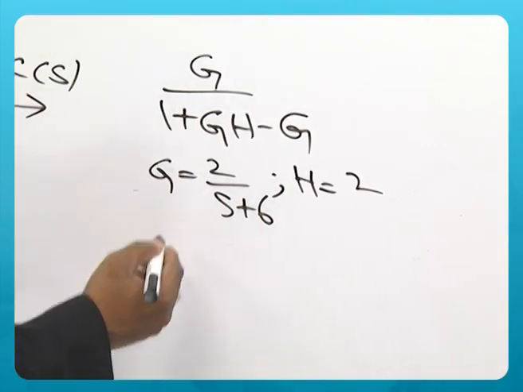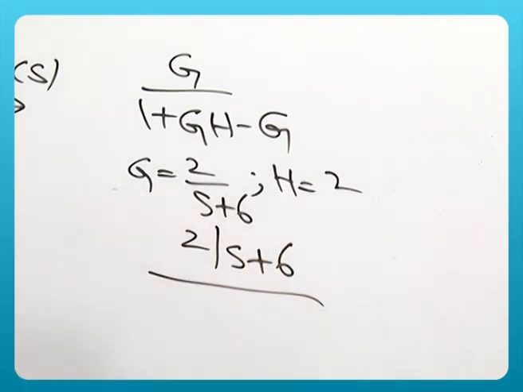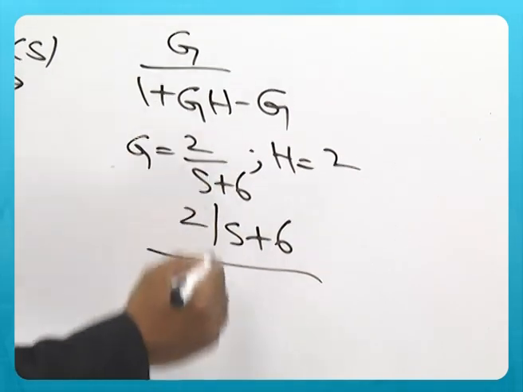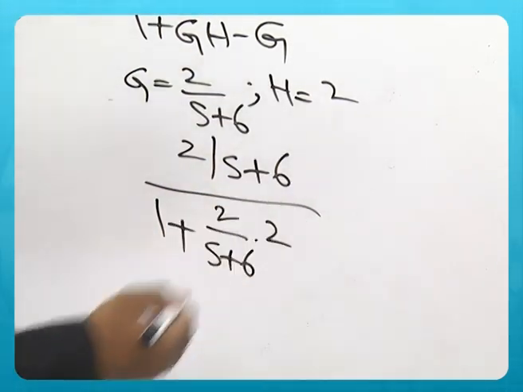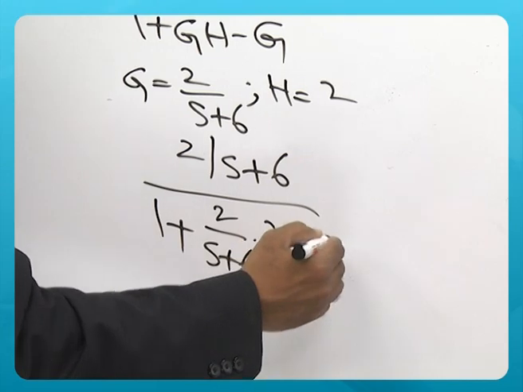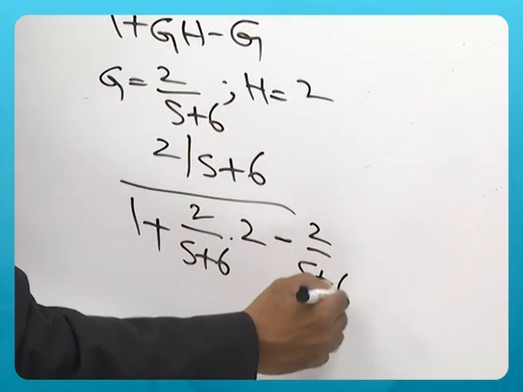So, substitute here: G is 2 by S plus 6, divided by 1 plus G is 2 by S plus 6, H is 2, minus G again, G is 2 by S plus 6.